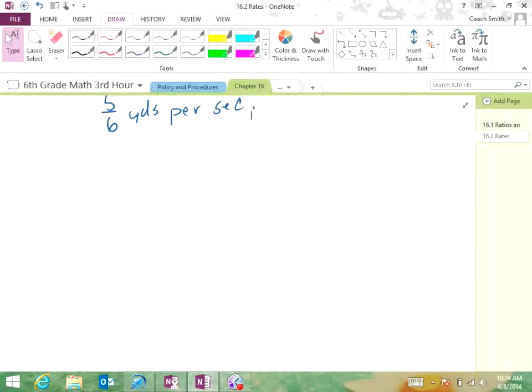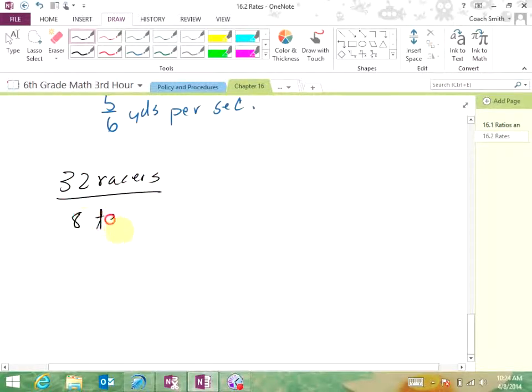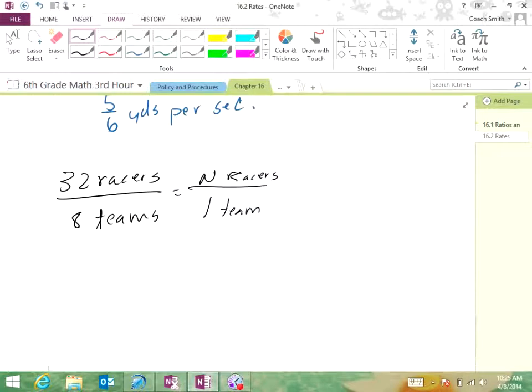All right? Now, let's move on. Let's look at these proportions that they've given us. Number 22 says 32 racers over 8 teams equals N racers over 1 team. So if I have 32 people racing, and that represents 8 different teams, then if we keep the same rate, how many are going to be on 1 team?